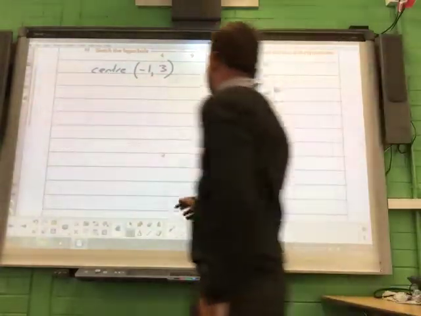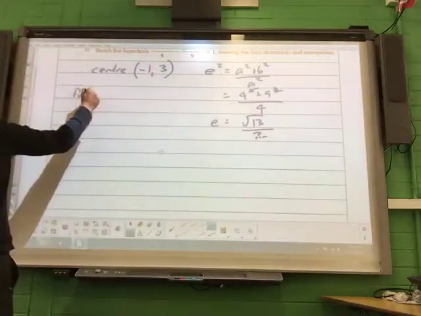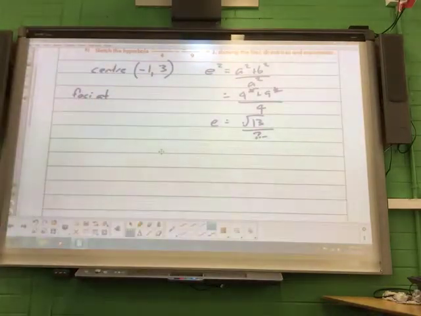Alright, foci. So what's normally the coordinates for the foci, if it was at the centre at the origin? Let's go back a step. Let's consider the hyperbola at the centre, or the ellipse at the centre. What are the coordinates of the foci?